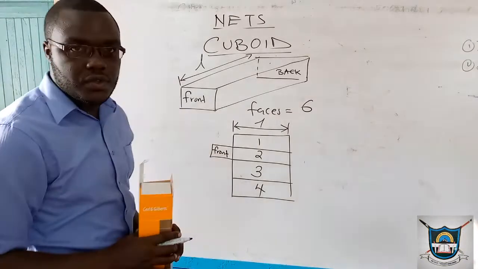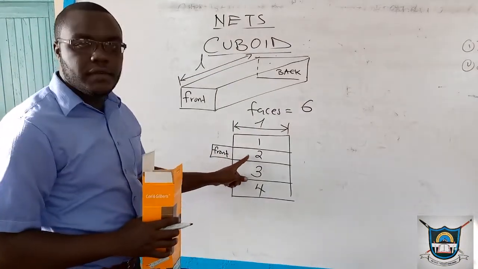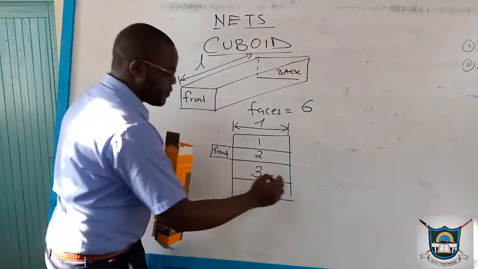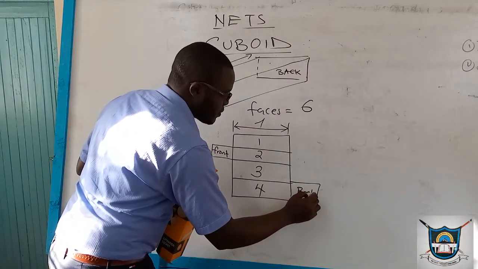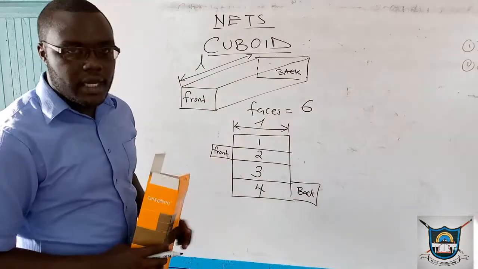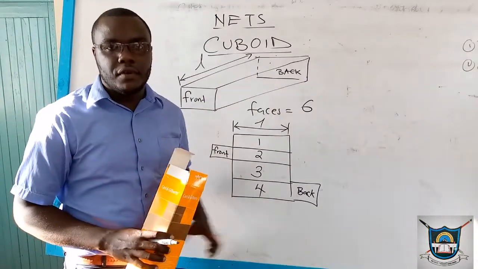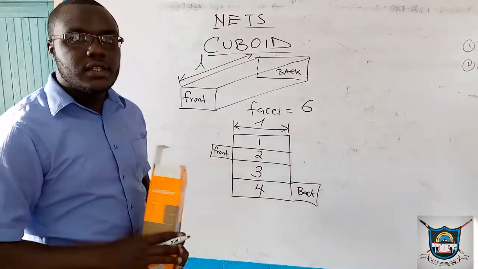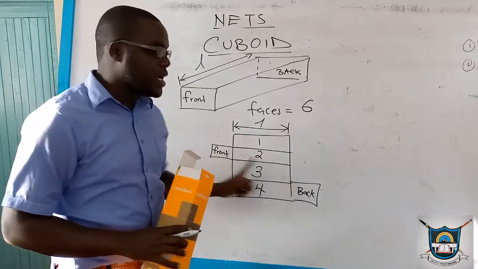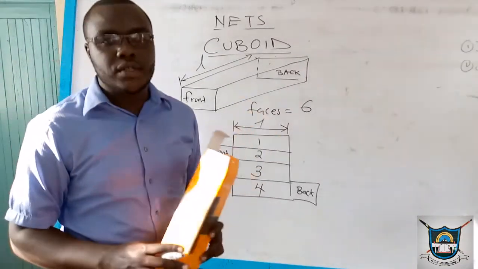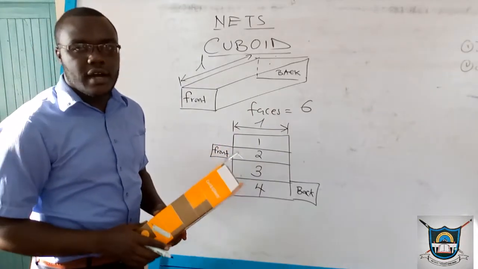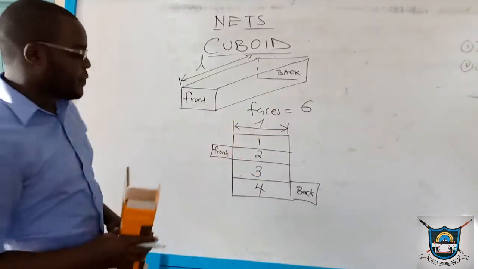I can choose to draw the front one next to the face number 2, and the back one next to the face number 4. Either way, as long as the two faces are on opposite sides, then you are sure that once you close the sketch, you are going to have a complete cuboid.